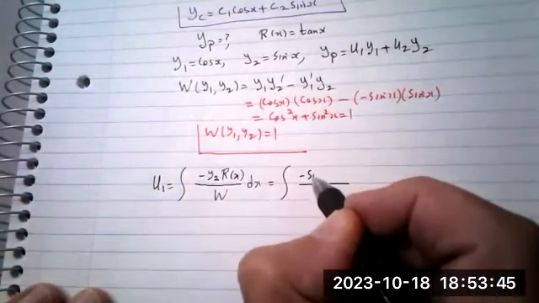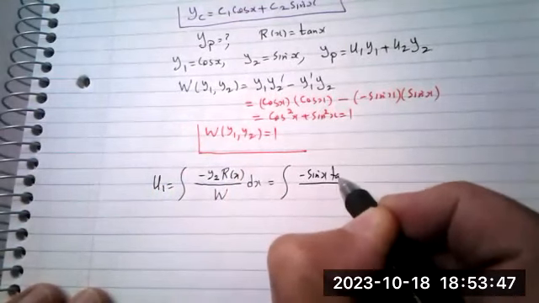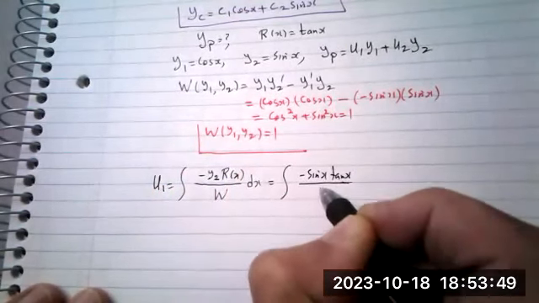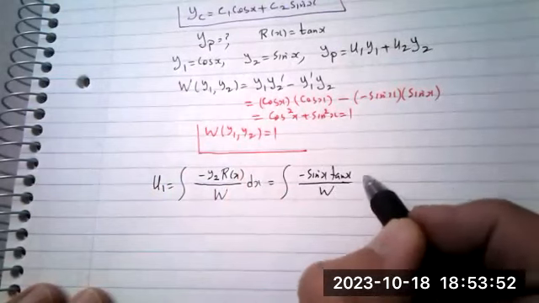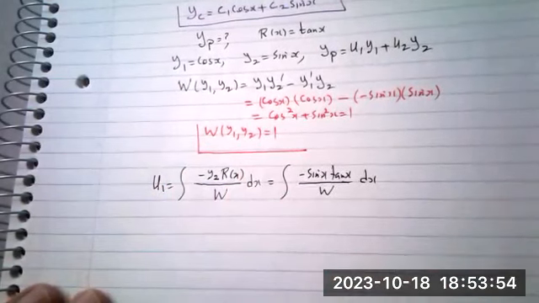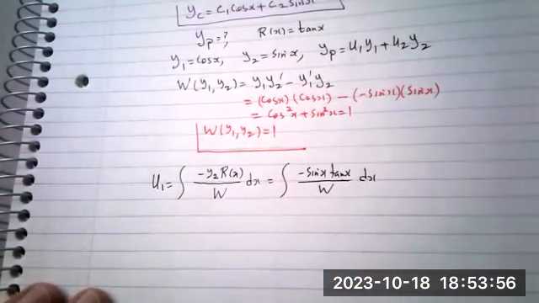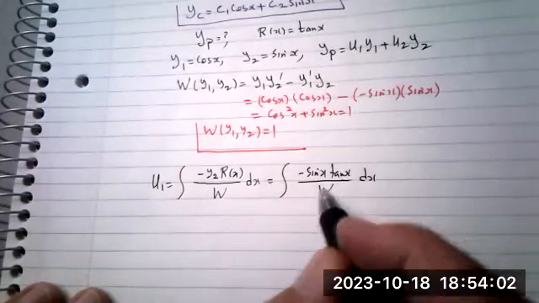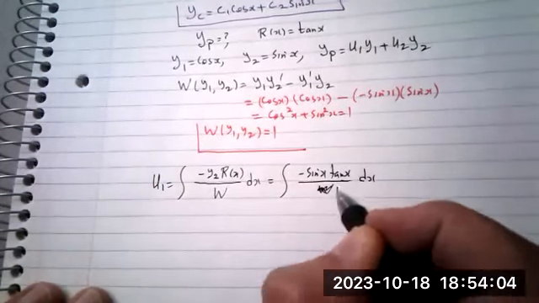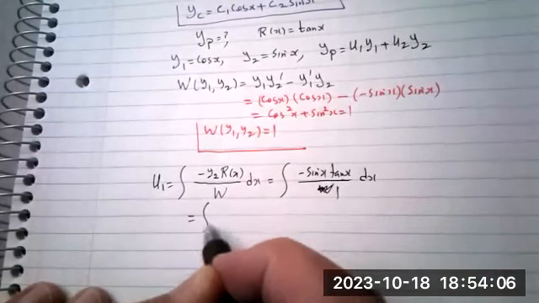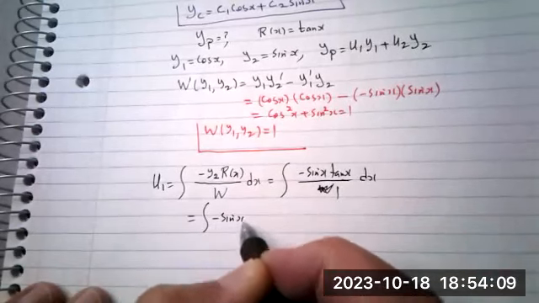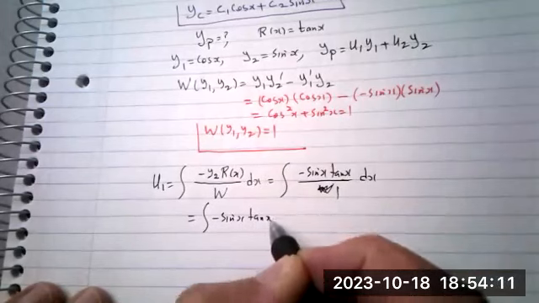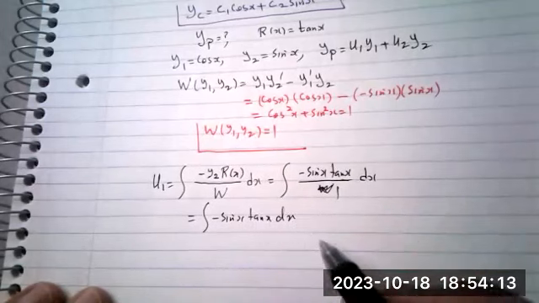So negative sine times tangent divided by W, dx. Sorry, W is 1, so we end up with the integral of negative sine x tangent of x dx.